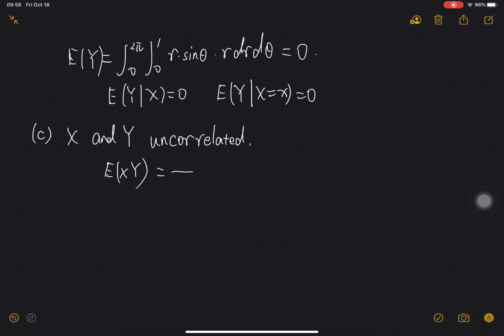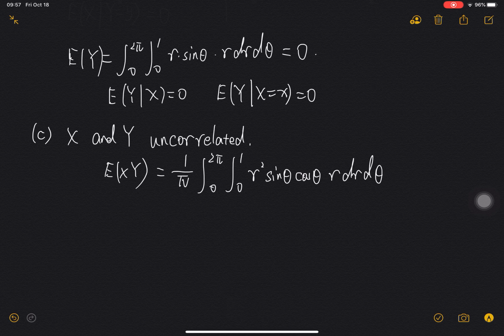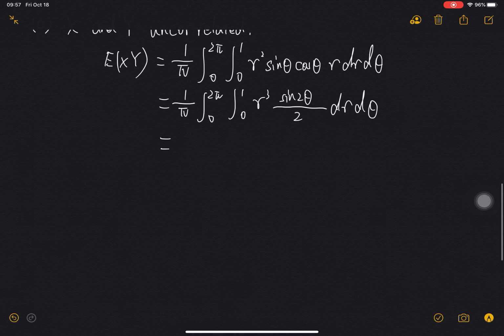It should be, let's take the 1 over pi out of the integral, and it's 0 to 2 pi, 0 to 1, and r squared times sine theta cosine theta, and there's an r there, d r d theta. So actually it's 1 over pi, and it's an easy calculation.